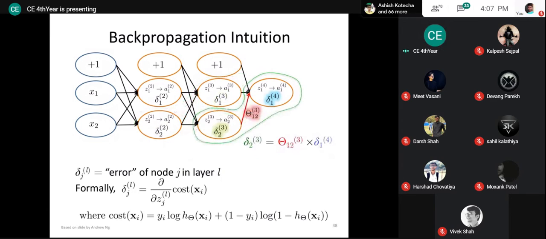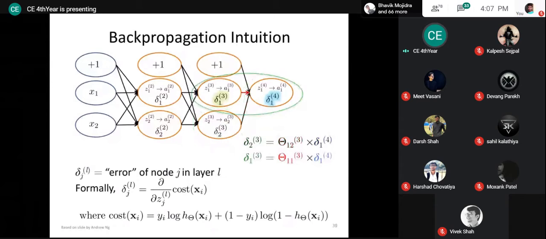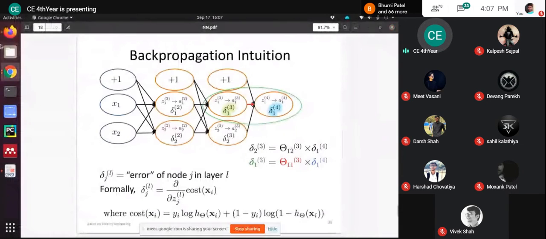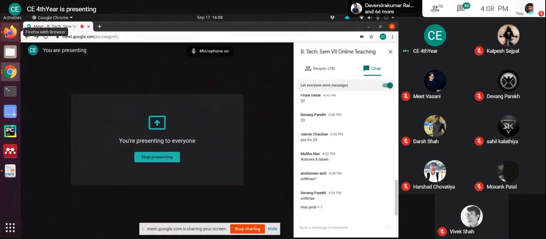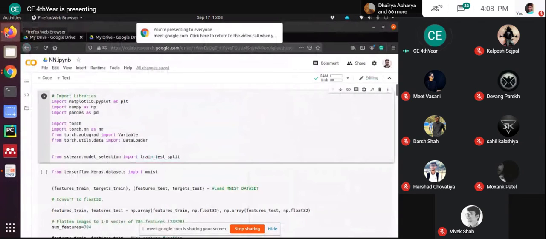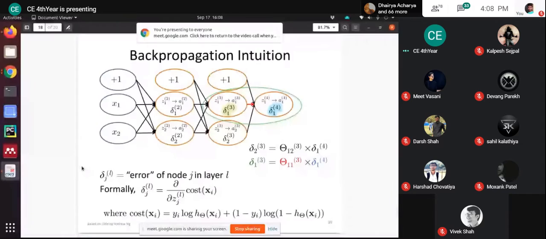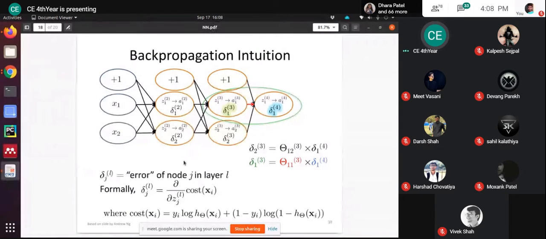So if you just go through this diagram, don't worry about the equation, just go through the diagram. From the output, we'll throw that error back to the previous layer, to both units of the previous layer.